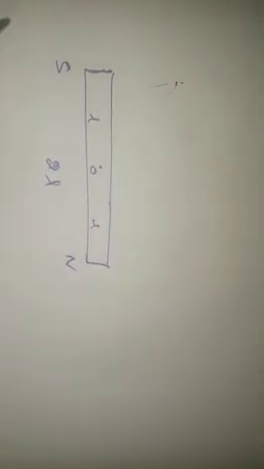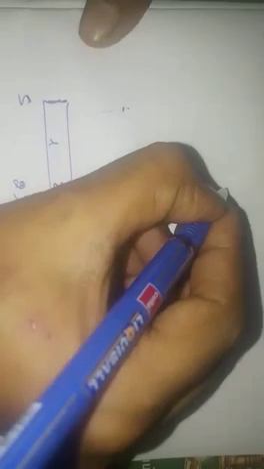Next, consider the equatorial point C at a distance R from the center of the magnet.